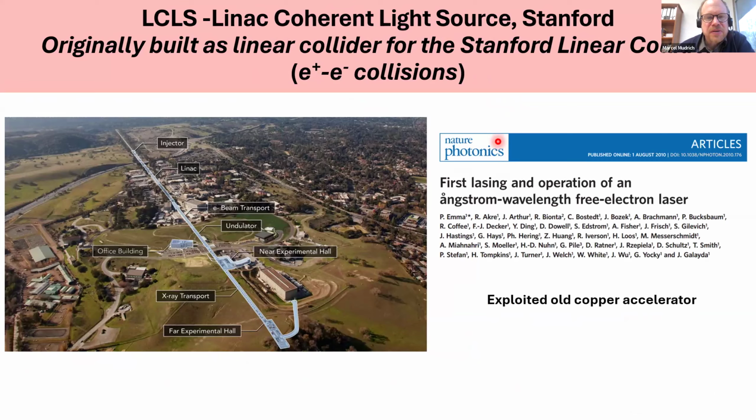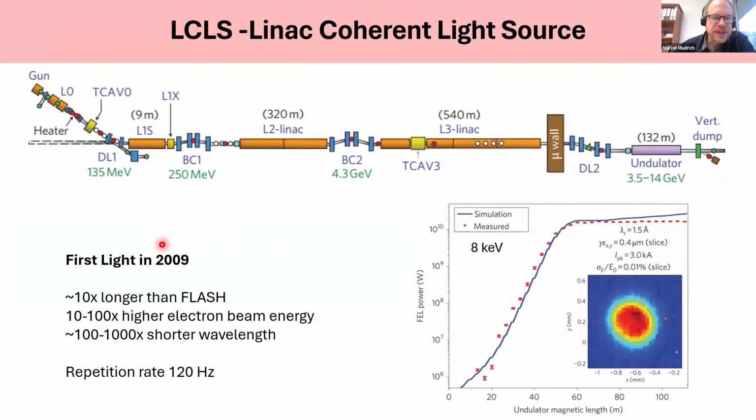And that was actually built for electron-positron collisions, but also there this facility is now fully converted into a free electron laser, a photon science institute, and first lasing in the angstrom wavelength range was achieved in, what's the date? 2010. So 10 years after FLASH, or okay, first light actually 2009, reported then in 2010.